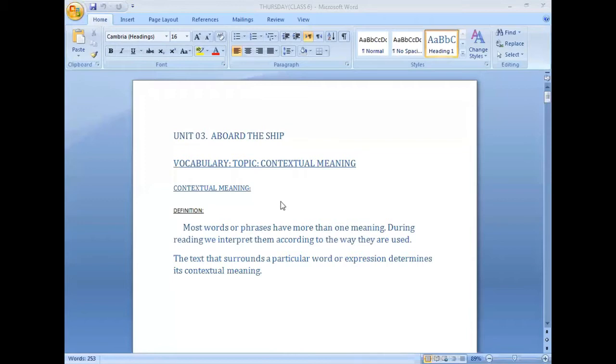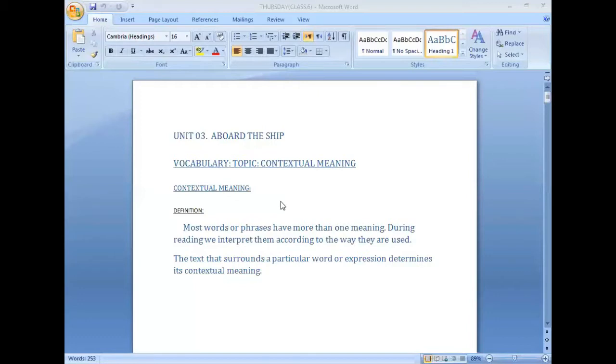So contextual meanings, on your screen you can see the definition. Most words or phrases have more than one meaning. During reading, we interpret them according to the way they are used. The text that surrounds a particular word or expression determines its contextual meaning.